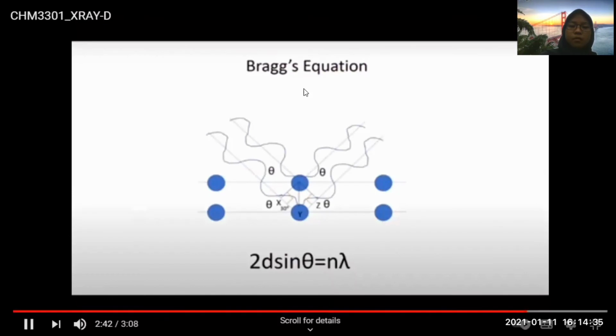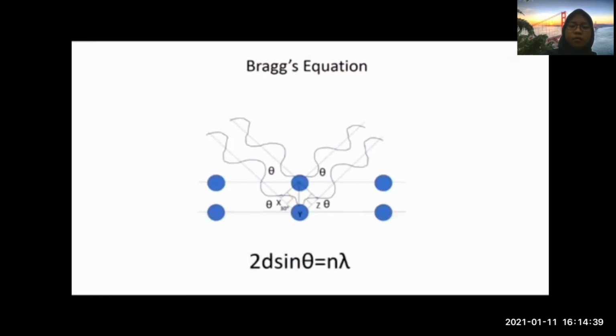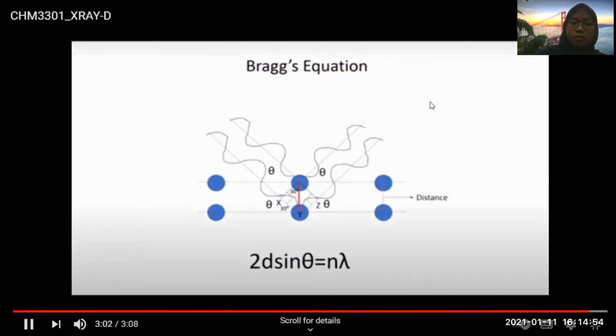We know the 30-degree angle plus the other angle must be 90 degrees, so the other angle must be 60 degrees. So we can now determine that the final angle is 30 degrees, the same as the incident angle. So these two angles are always congruent. We can now use the law of sines and calculate the hypotenuse, which is the distance between atoms.